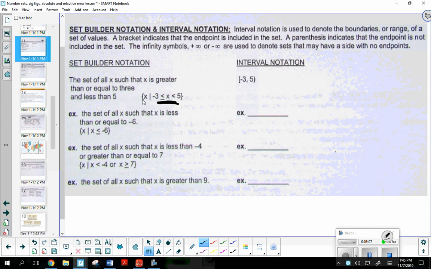So if I were to go ahead and look at the interval notation for this, what you do is you always put a comma between your two values, what's considered your upper and your lower values. Okay. In this case, -3 and 5. And then you use the appropriate symbol to indicate if that value is included in the set or not. Okay, so sometimes it might even look like an ordered pair if you have both parentheses.